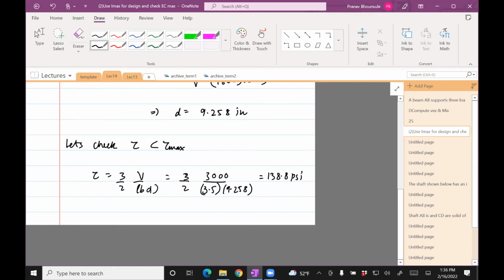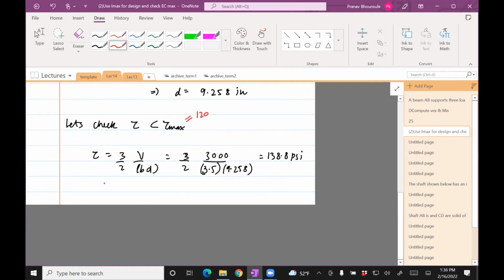Now tau max happens to be 120. We can look at the question. It says the maximum shear stress you can bear is 120, which means clearly that if we design it based on M, or use 9.258, then it's going to fail in shear at a different point, not the same point where it would potentially fail with normal stress.